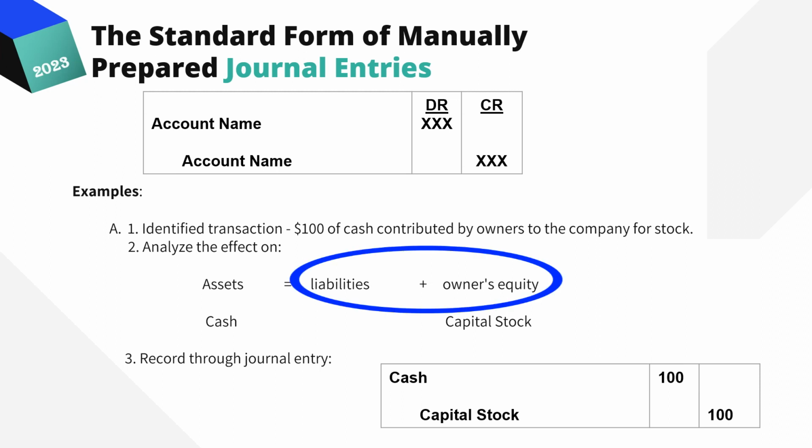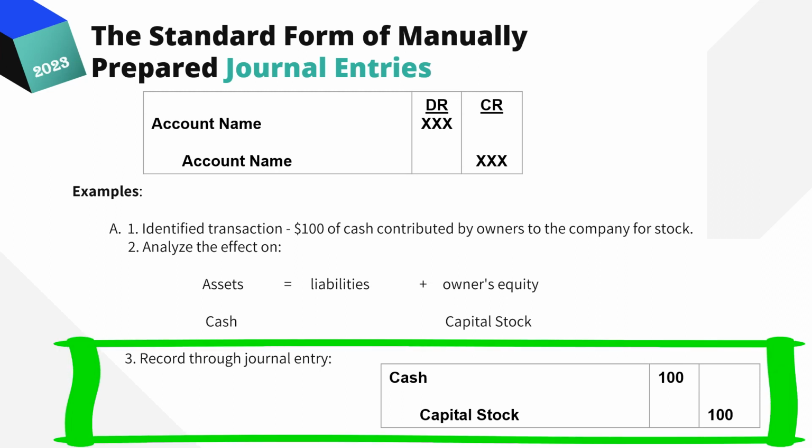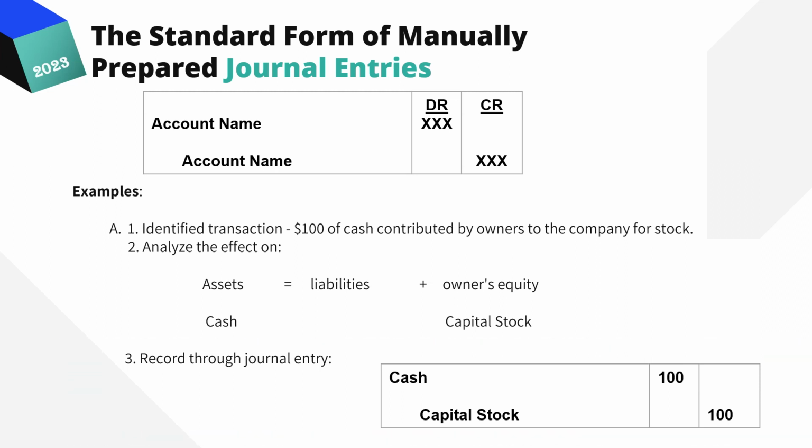Remember that the right-hand side of the equation really explains how we got the cash. Did we borrow it, or did owners provide it? In this particular case, we received cash from the owners, and we show that over here in owner's equity under capital stock. How would we record this transaction in a journal entry form?